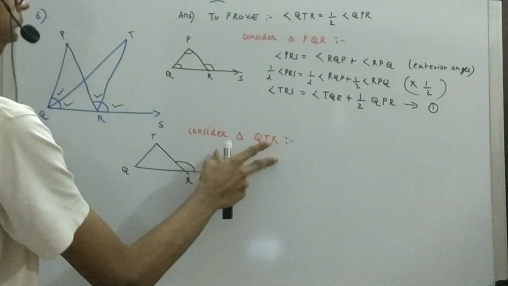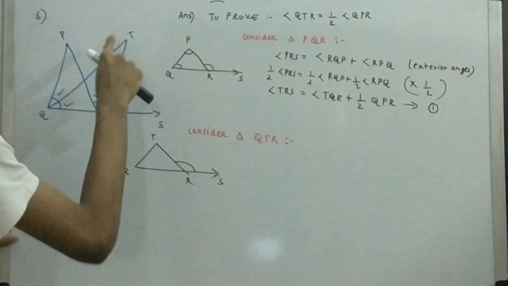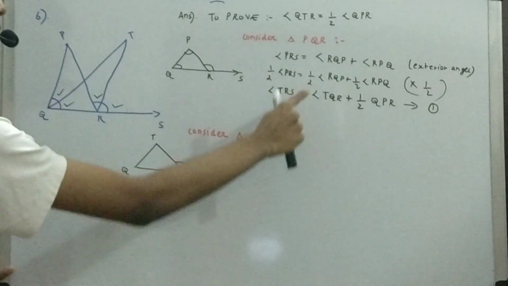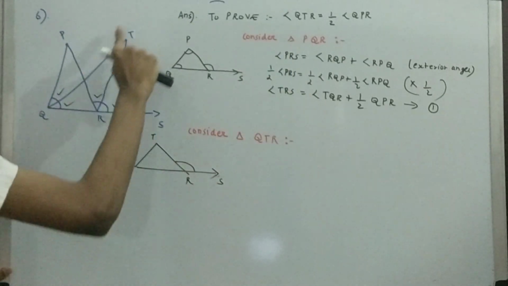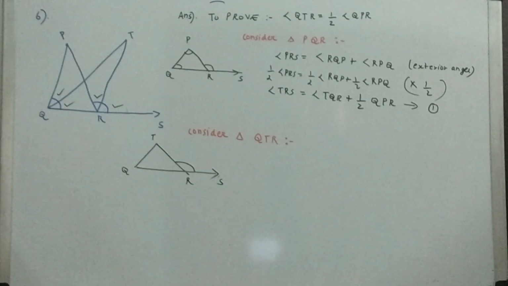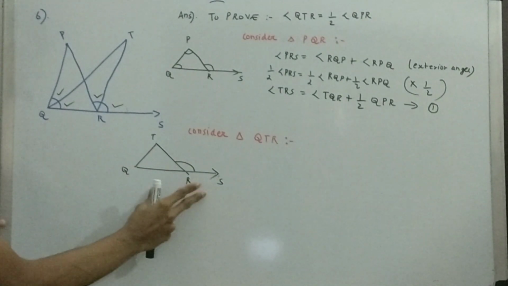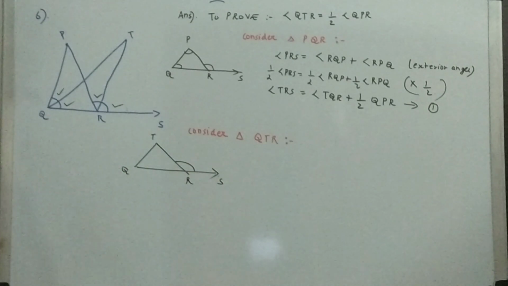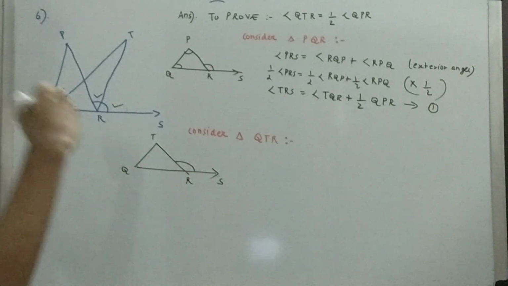Now let us consider the second triangle. PQR was our first triangle. Now the second triangle is this triangle, which is QTR. I have drawn it separately over here. Here also you can see there's an exterior angle being formed. So here also we can apply the exterior angle property.